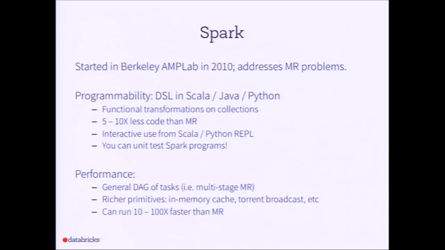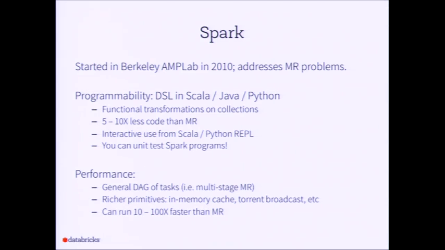So now, this brought me to Spark, which you're all experts in now. Back in 2009, Matei Zaharia started the Spark project as part of his PhD work at Berkeley, and it was open sourced in 2010. Spark was designed essentially to address both problems of MapReduce: one is programmability, and the second is performance.